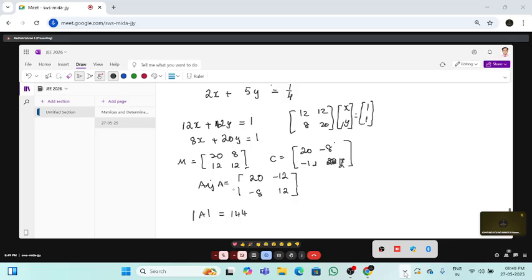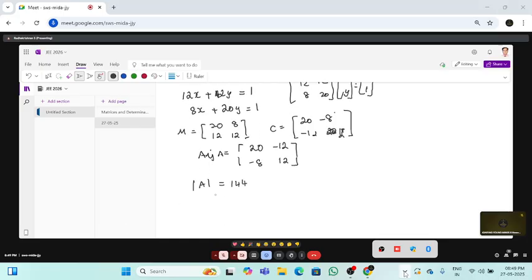The same thing you will get even if you multiply 12 into 20 minus 8 into 12. So the inverse is therefore 1 by 144 into adjoint.